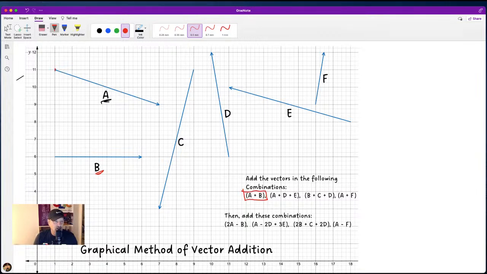A starts here. This is the tail of the vector. We can tell this is the head of the vector because there's an arrowhead on it. So we're going to add vectors head to tail.